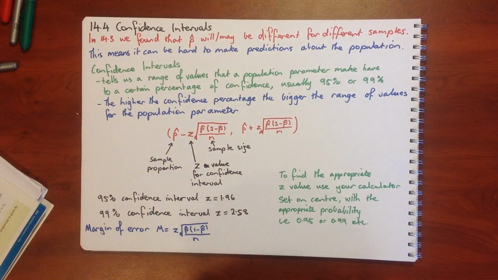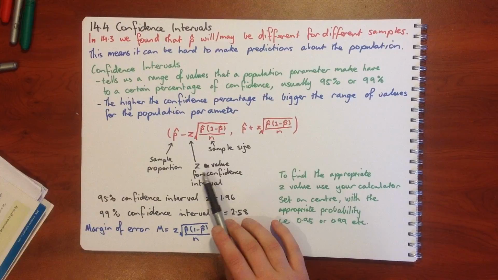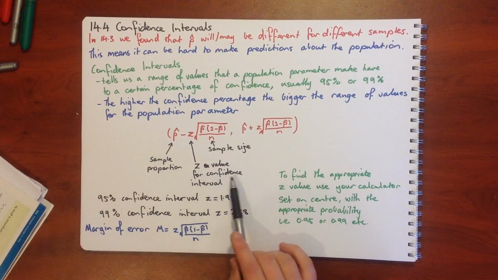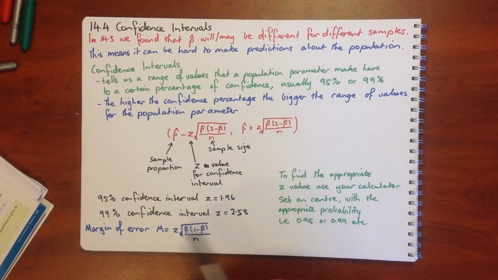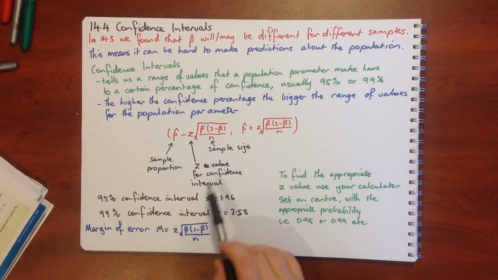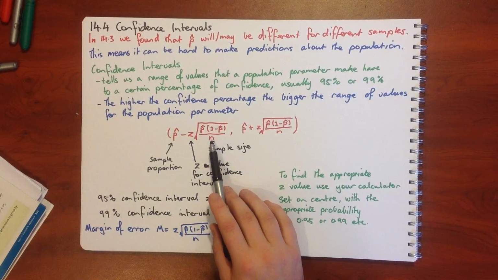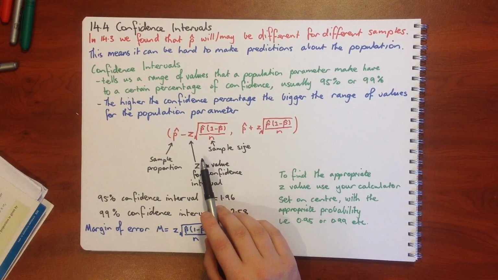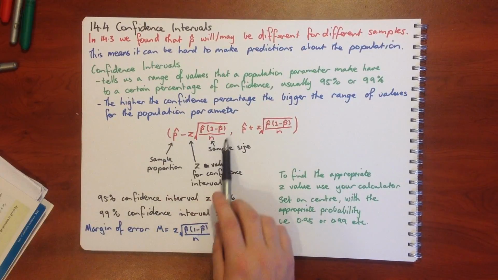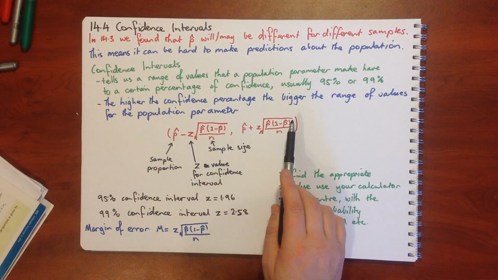Remember p hat is our sample proportion, z is our z value for the confidence interval, like our standard normal value, and n is our sample size. The first gives us the lower end of our range, and the second gives us the upper end.